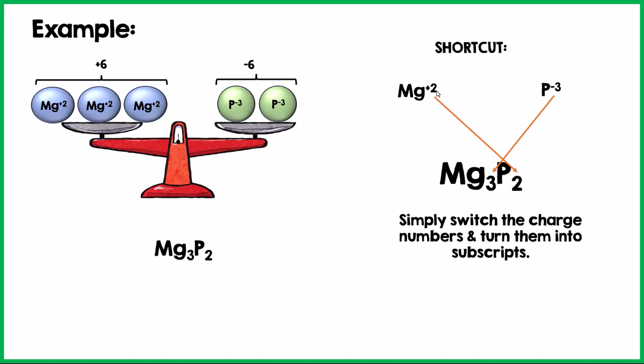And the 2 for magnesium gets put over here next to the phosphorus. And that means that there are 2 phosphorus atoms that need to balance. And so as long as you understand what is happening and why we balance like this, then you can use that shortcut of swapping the charges.